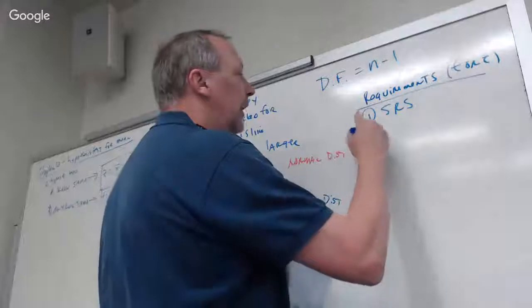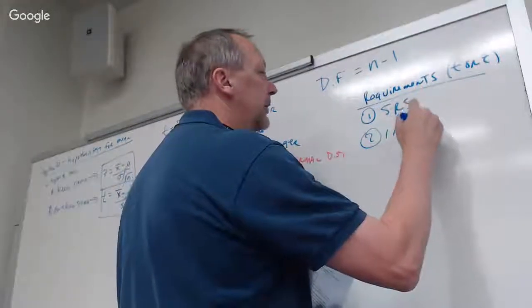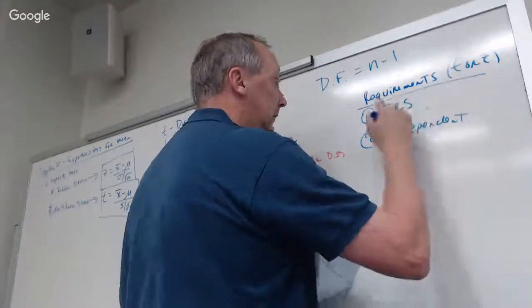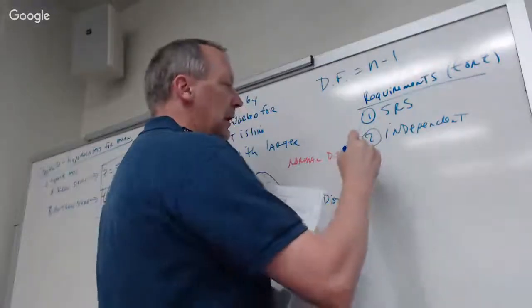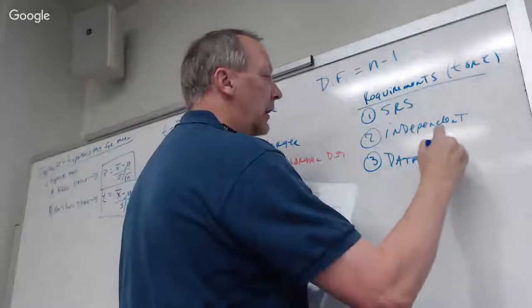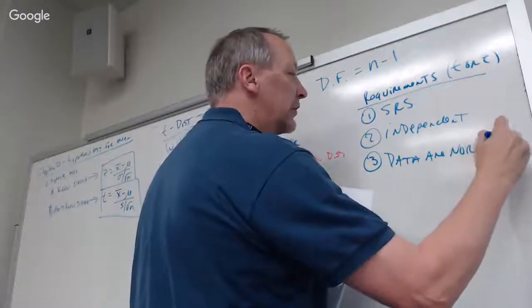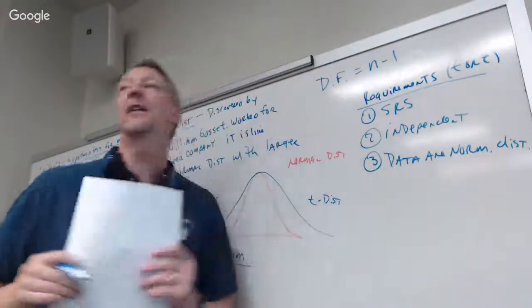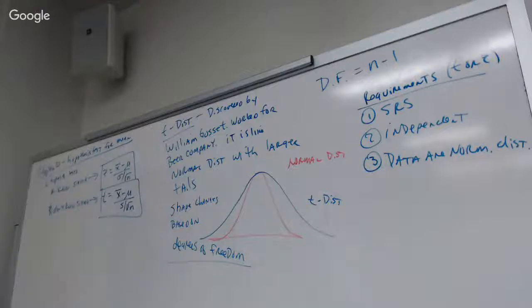Number 2, we are assuming that our samples are independent, okay? Number 3, the data are normally distributed. By the way, how do you find out if your data are normally distributed? Well, not the chart.